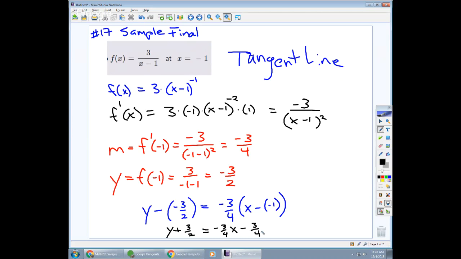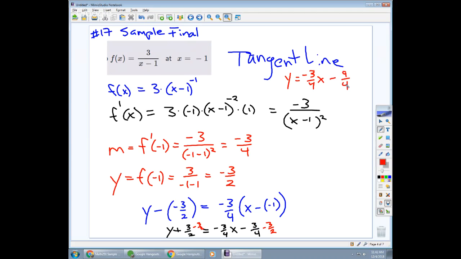Subtracting 3/2 to the other side gives me a tangent line of y equals negative 3/4 x. Let's see, how many fourths would that be? That would be 6/4 minus 9/4.